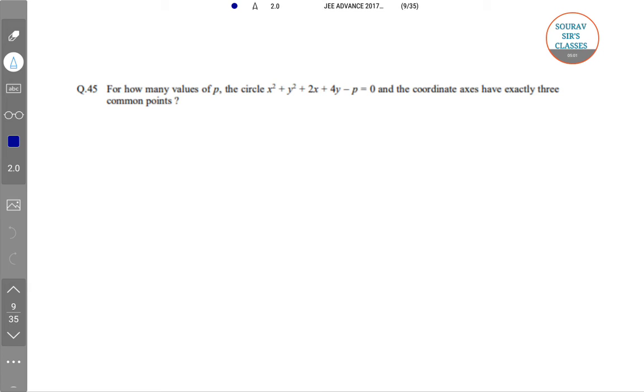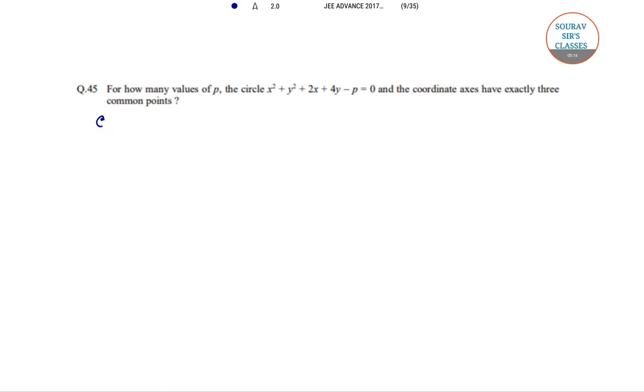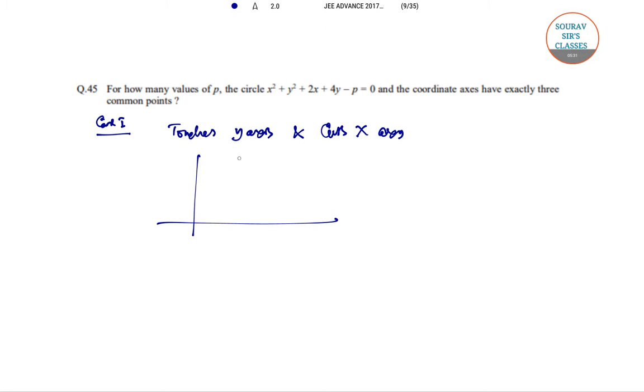For how many values of p do the circle and the coordinate axes have exactly 3 common points? Here we have to do it case 1, case 2, case 3 wise. Case 1 is if the circle touches the y-axis and cuts the x-axis, like this.